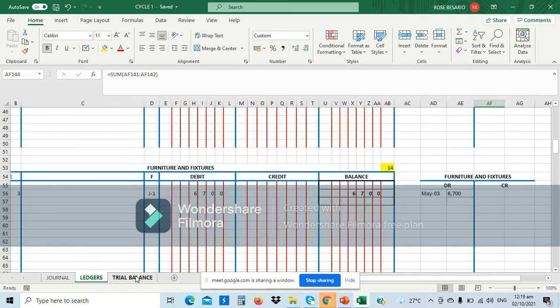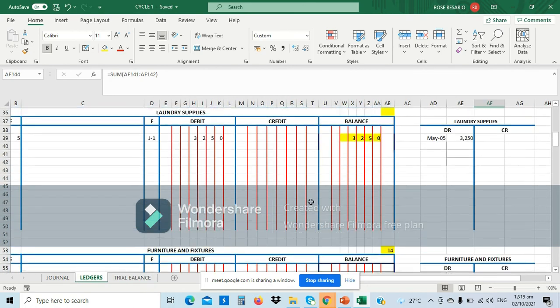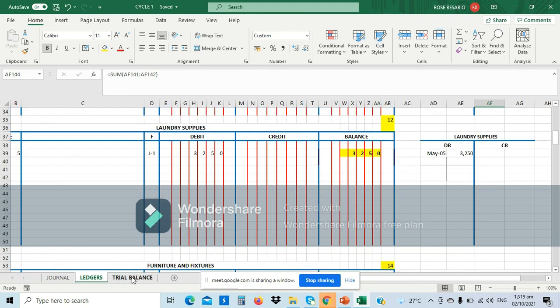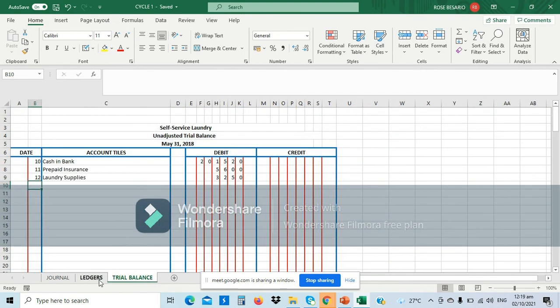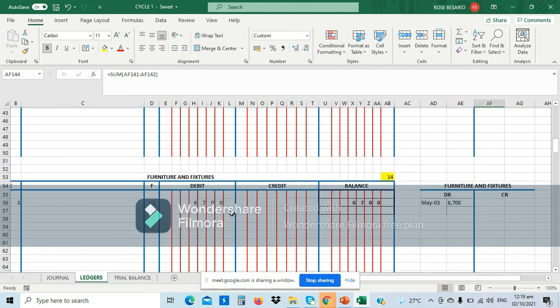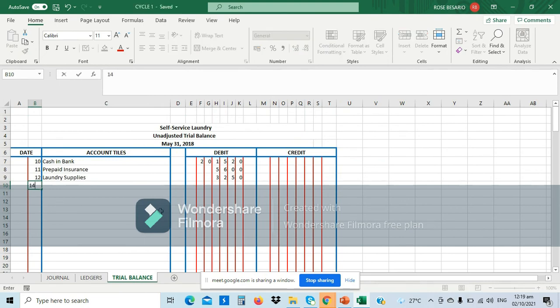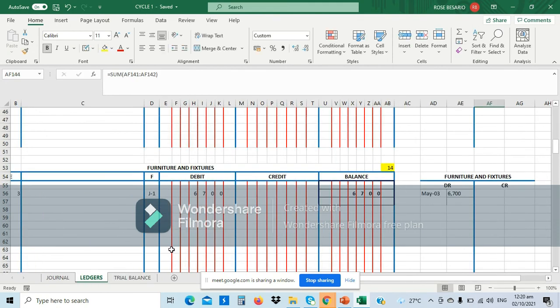This is ledger number 14. We have laundry supplies is 12, then straight to 14, furniture and fixtures, of how much?